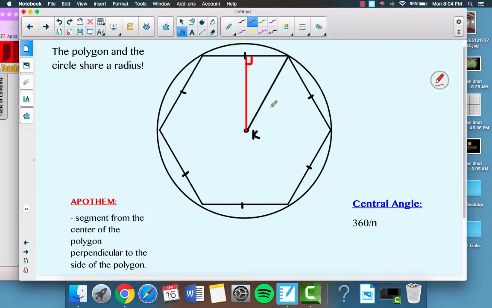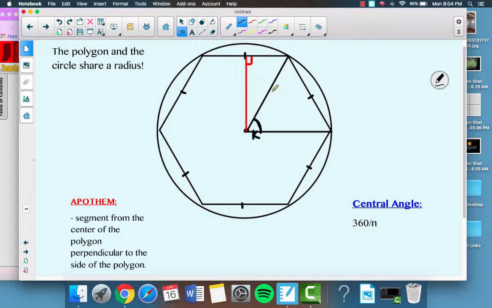Okay, and then the only other thing that's going to be really helpful in this section is our central angles. So remember, a central angle is an angle starting at the center that goes out to the edges of a circle. It's made up of two radii, or two different radius segments. So all I have to do to figure out what this measure is is take 360 divided by the number of sides. That's what the n is.